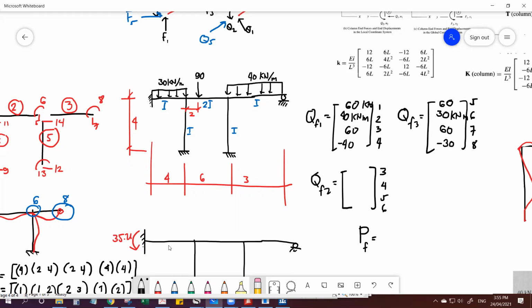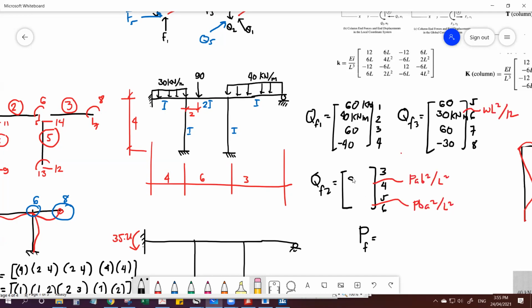For QF2, let me write this as WL squared over 12. Here, this is PAB squared over L squared, while this one is PBA squared over L squared. That's the formula. So I've computed that: 80 and 60.